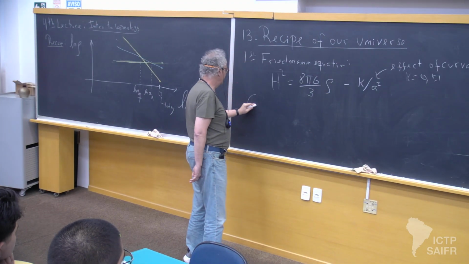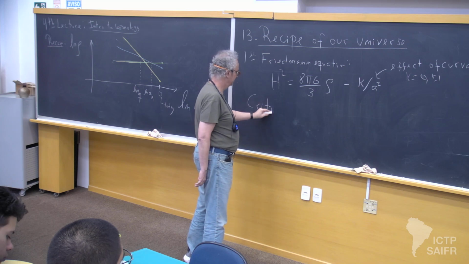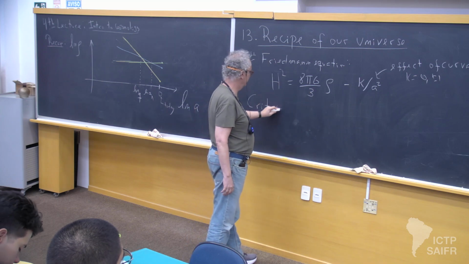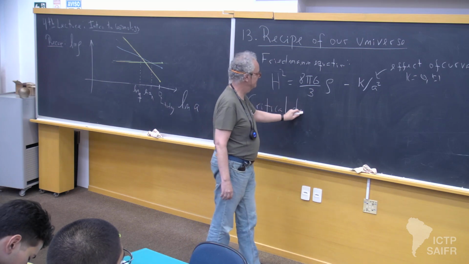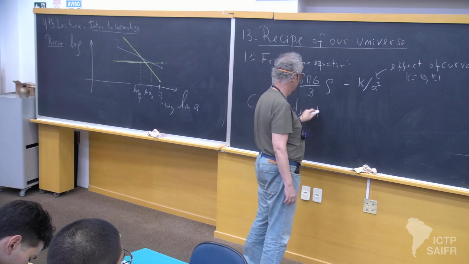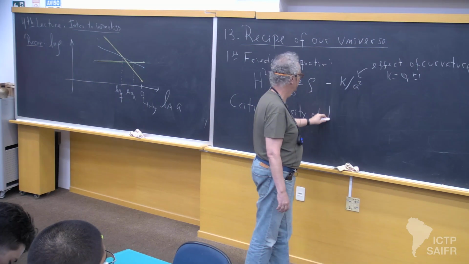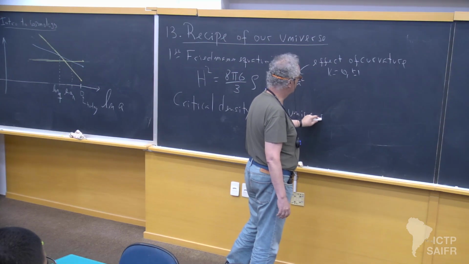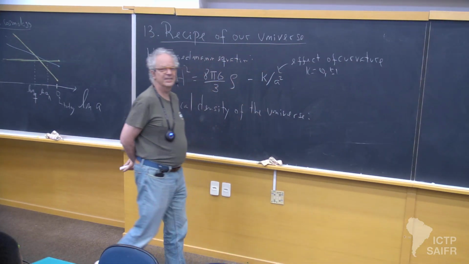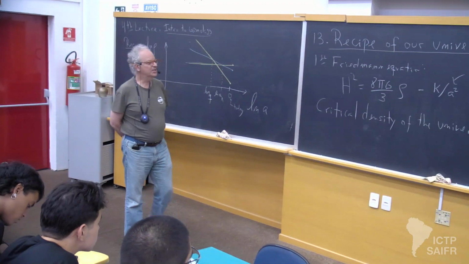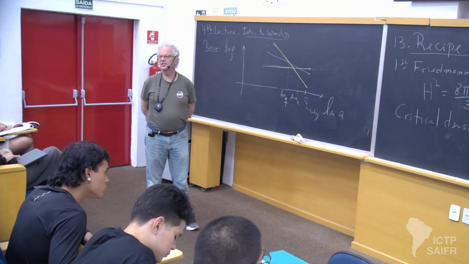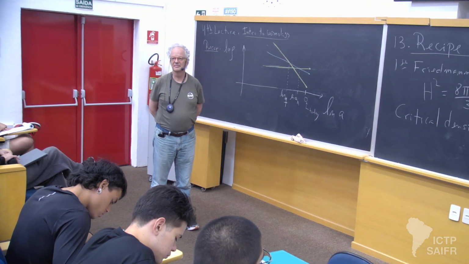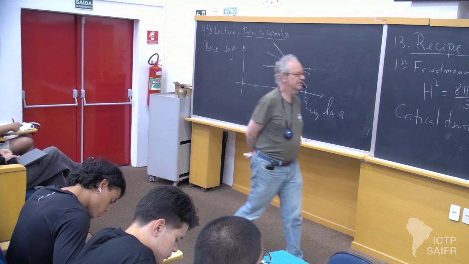So what is the critical total density of the universe? The critical density of the universe is defined in such a way that the curvature is 0. That's the definition of critical density.